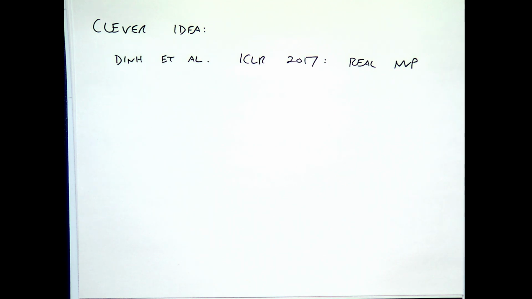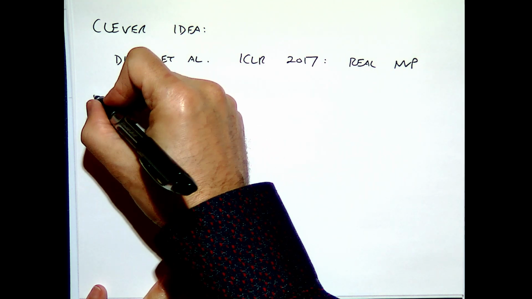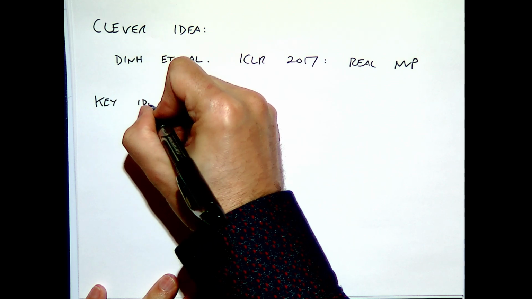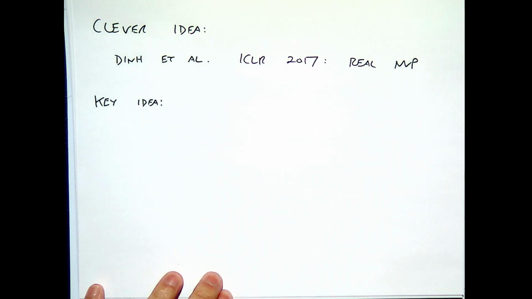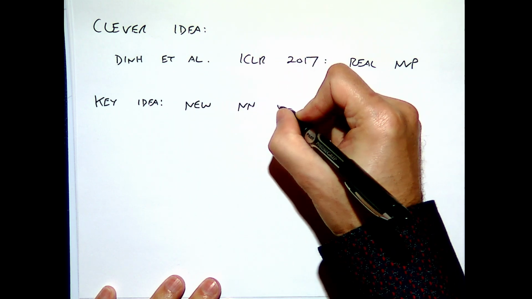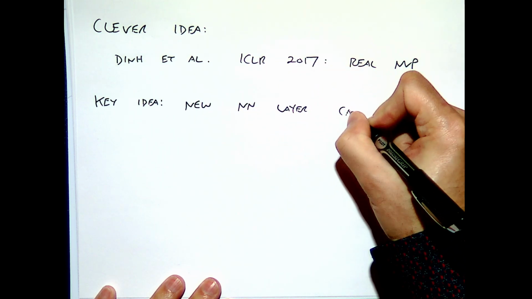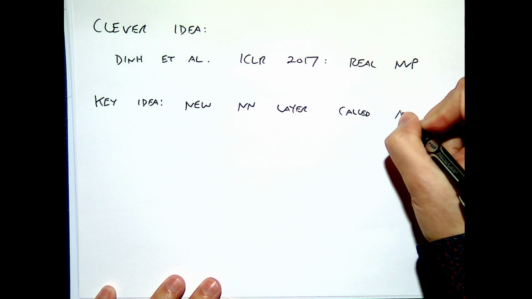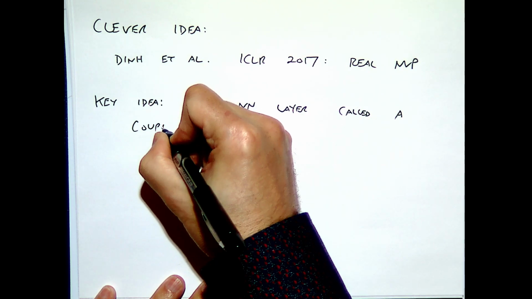Okay? And so here's the key idea. What we do is we introduce a new kind of neural network layer, and this is called a coupling layer.